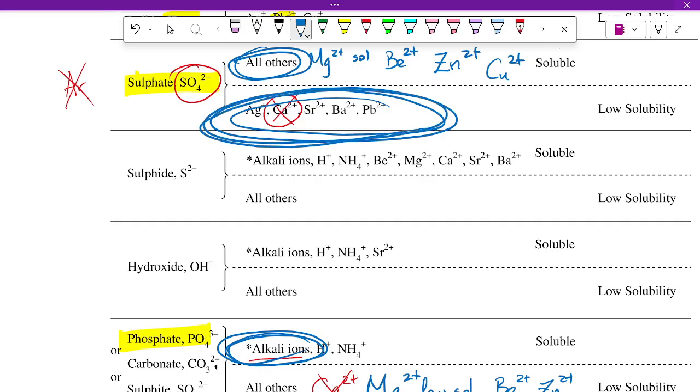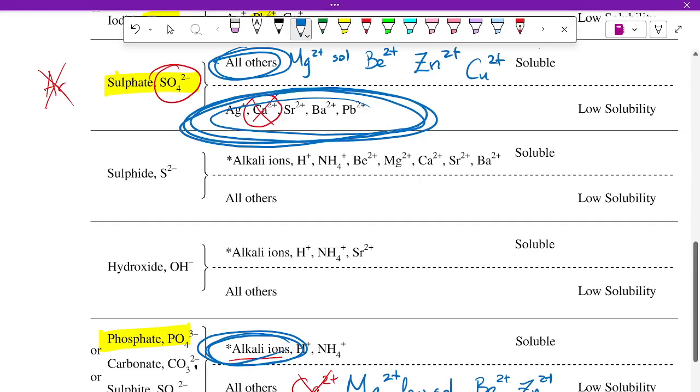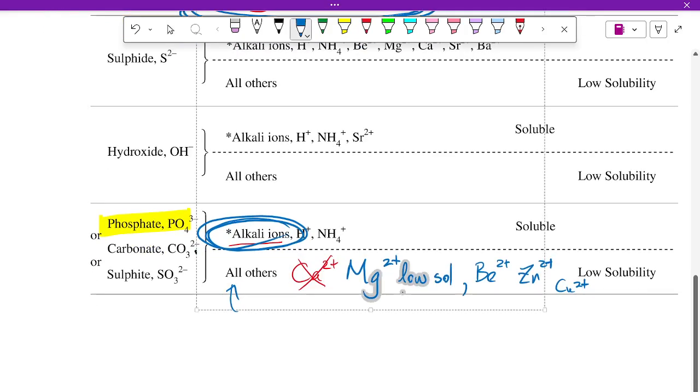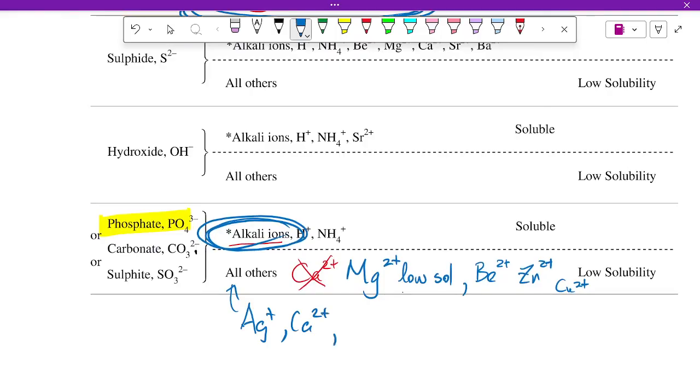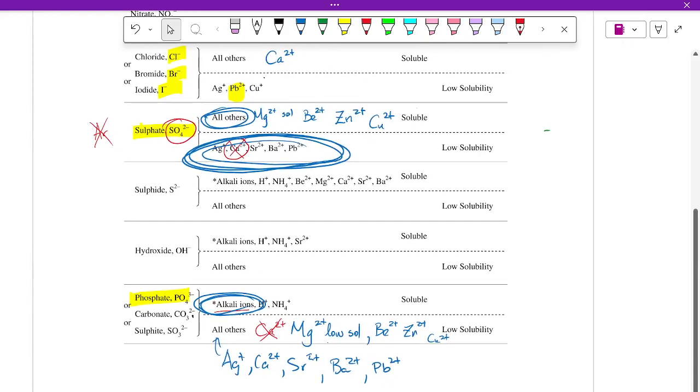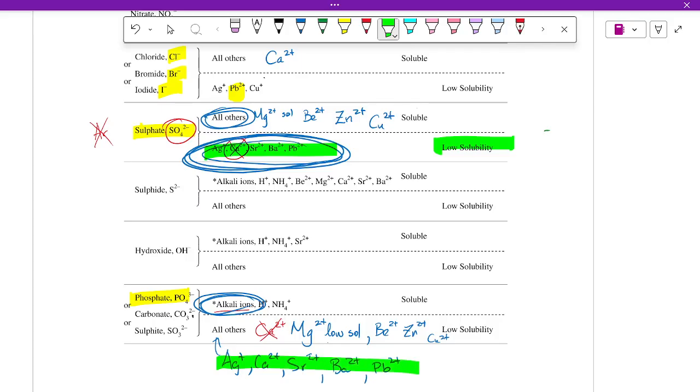Silver, calcium, strontium, barium, and lead fall in the all others basket. So silver, calcium, strontium, barium, lead are low solubility with sulfate, and they fall in the all others, so they are low solubility with phosphate.